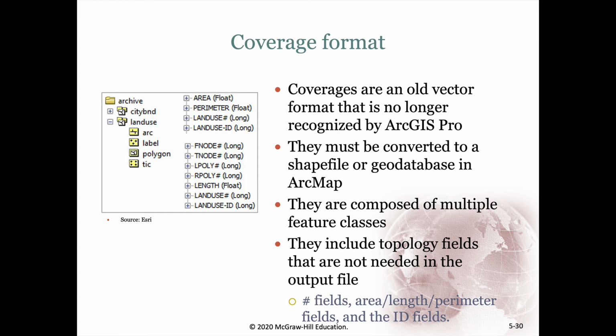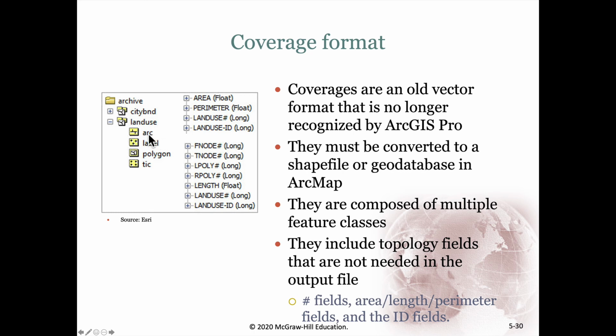Coverages are an old vector data format that was used by Esri products, but is no longer recognized by ArcGIS Pro. So if you're going to use these, you have to convert them either from a coverage into a shapefile or into a geodatabase. But this is the way that they were stored. So within a folder, we would have a coverage called city boundary or land use, and under land use, we would have options.